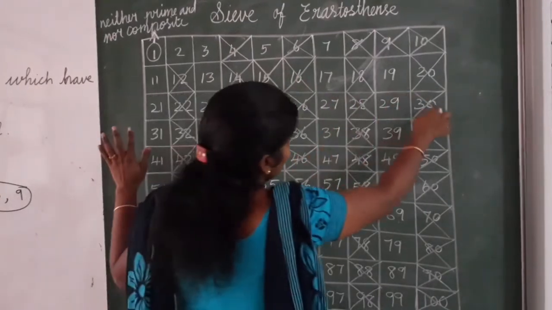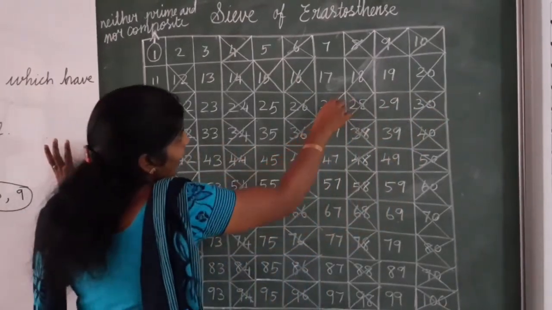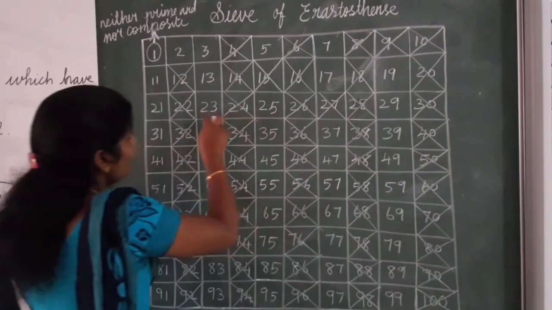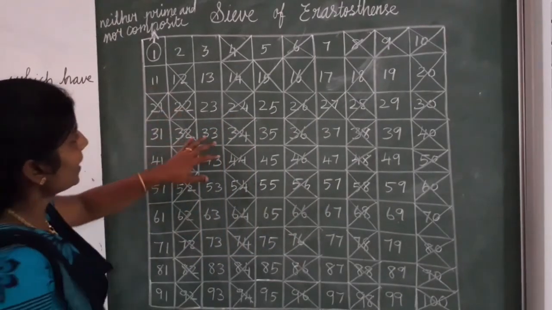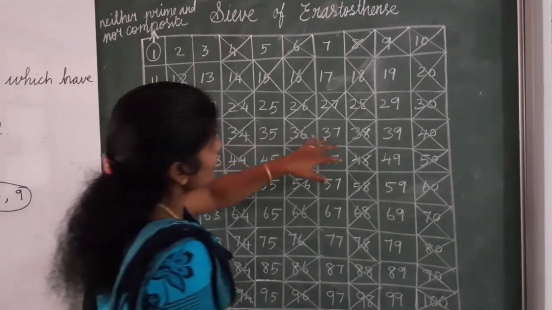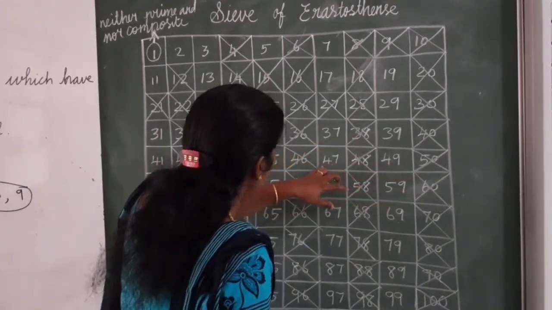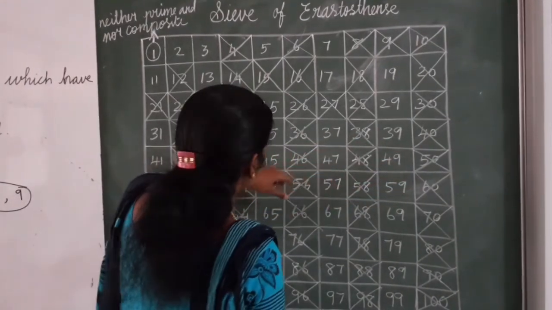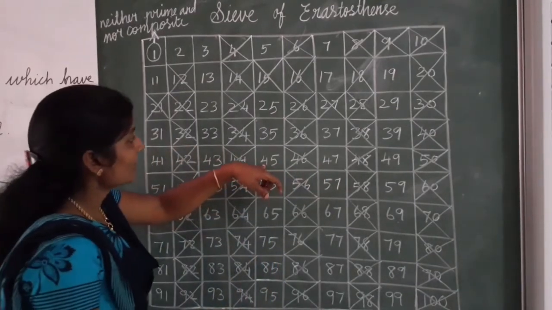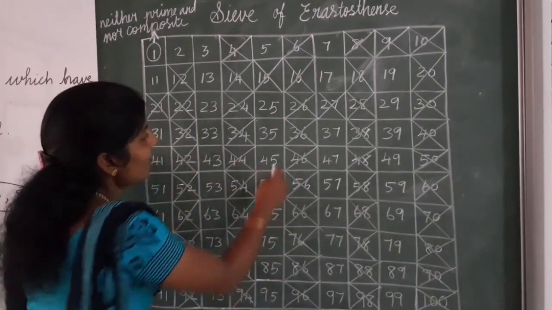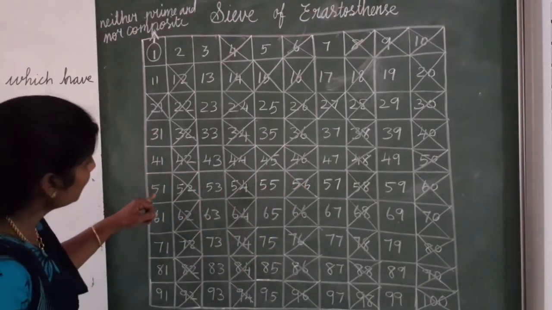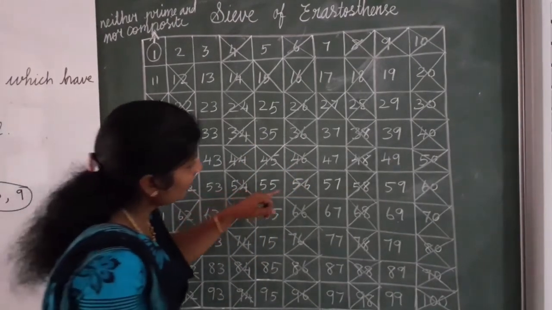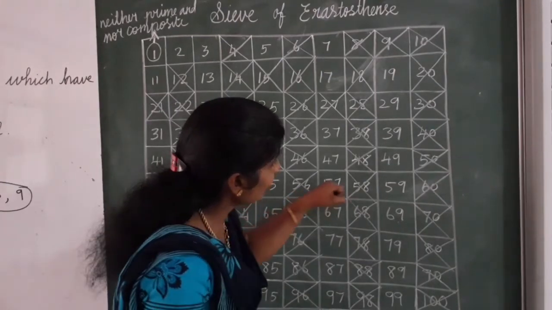Then 21, 27, 39, and 45. 5 3s are 15, 45.